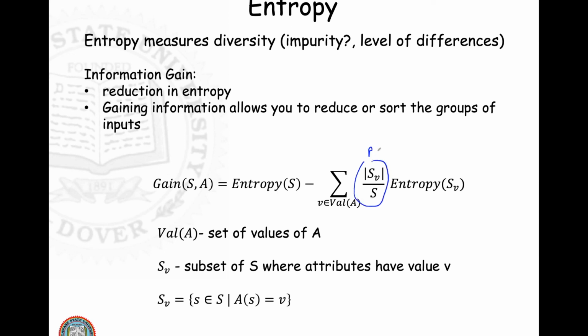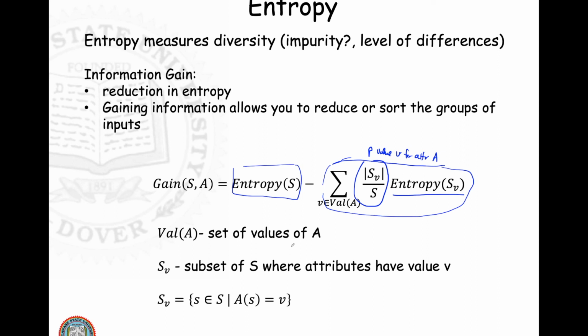So that's my probability of having a value of v for attribute A. And then you're going to use that probability to compute a weighted sum, the entropy of that subgroup that has a particular value v for that attribute. And so from the original entropy for your group, you're going to subtract the expected entropy for each one of the subsets induced by considering only that subset that has a certain value for an attribute.